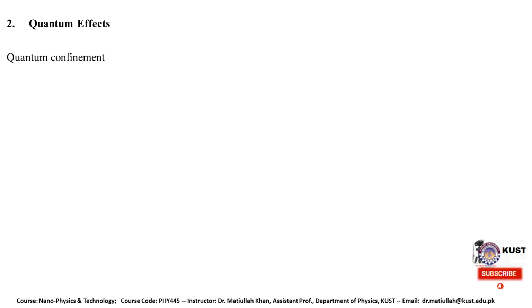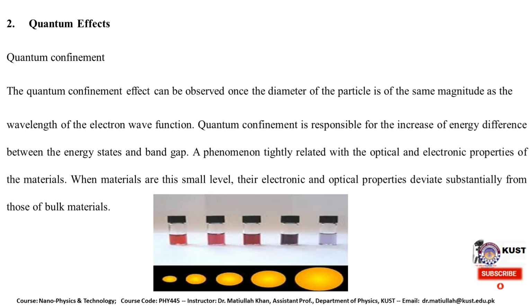The other is the quantum effect. Another reason for the improved properties is the quantum effect, namely quantum confinement. It can be observed that when the diameter of a particle is of the same magnitude as the wavelength of the electron wave function, quantum confinement is responsible for the increase of the energy difference between the energy states and the band gap.